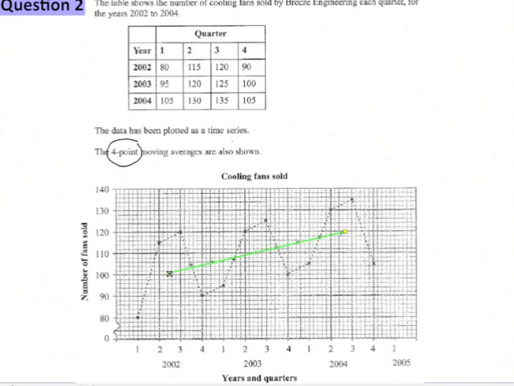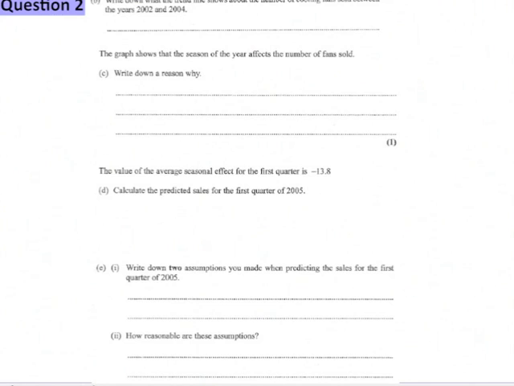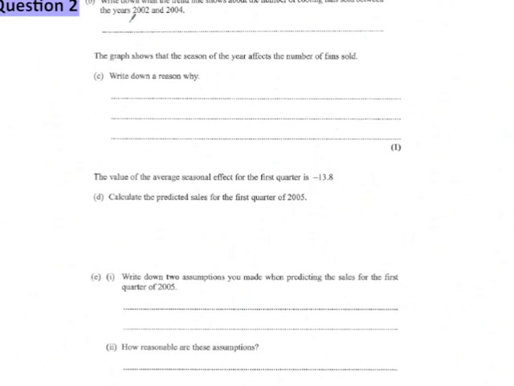So what's happening to our line here? The trend is increasing. So what's happened to the number of cooling fans being sold? They have increased. So the answer here to part B is increased over this time period, 2002 to 2004.